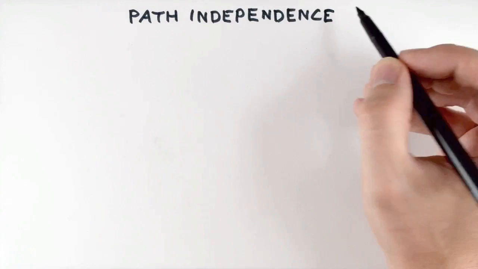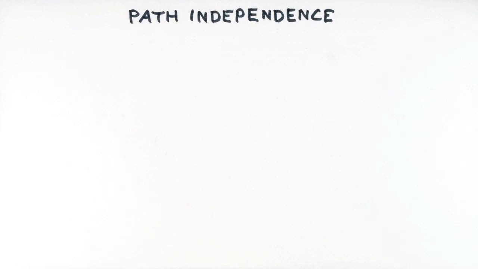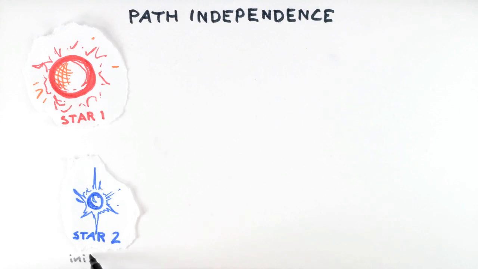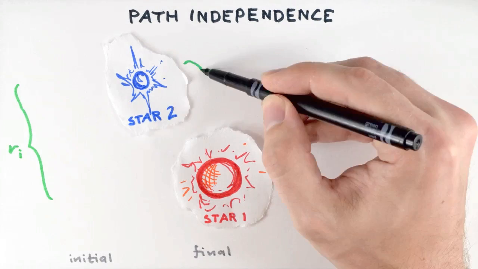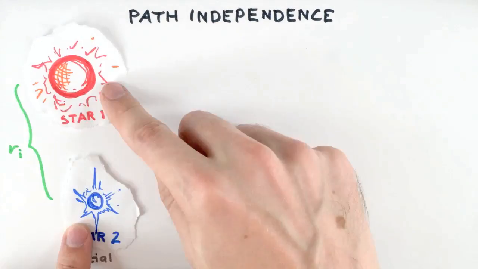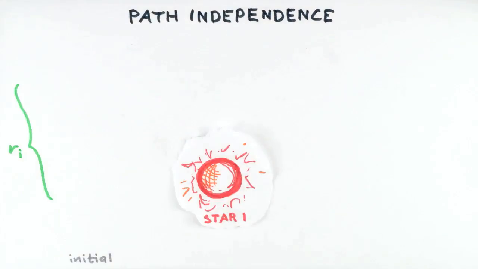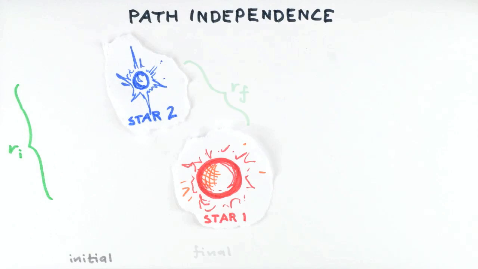The second general aspect we want to discuss is the idea of path independence. To illustrate this concept, let's consider the gravitational potential energy for two binary stars, which we show here in an initial state and a final state. Now one could imagine there are countless ways in which the stars could move from the initial to the final state.